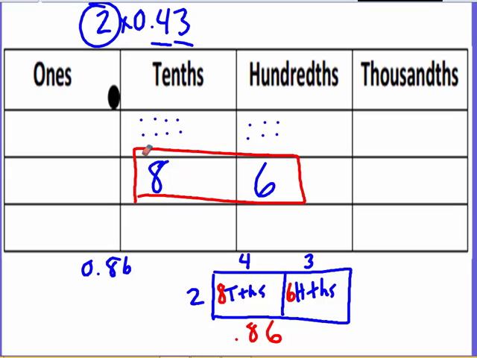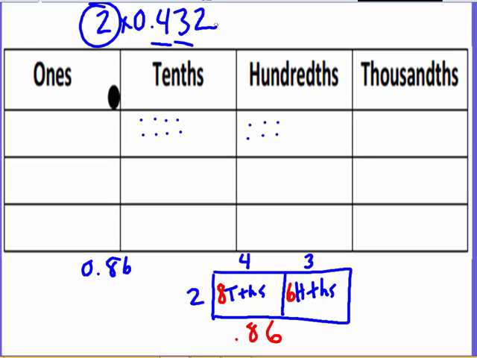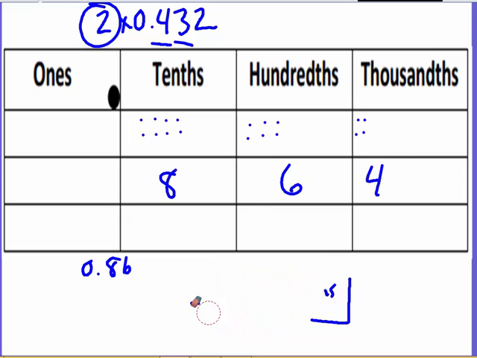Now what if instead I had this problem that we had? Then I'd have 1, 2, and there's 2 groups of that, so my answer should be 8, 6, 4. How do I model that using the area model?